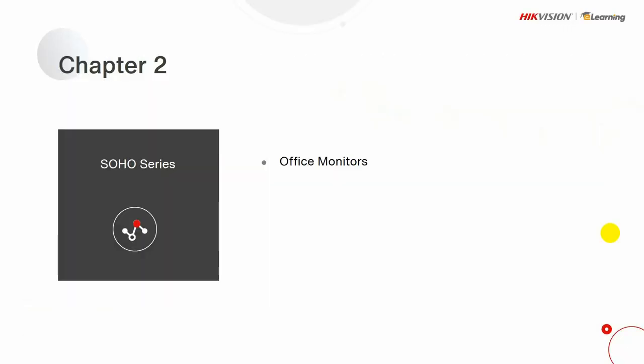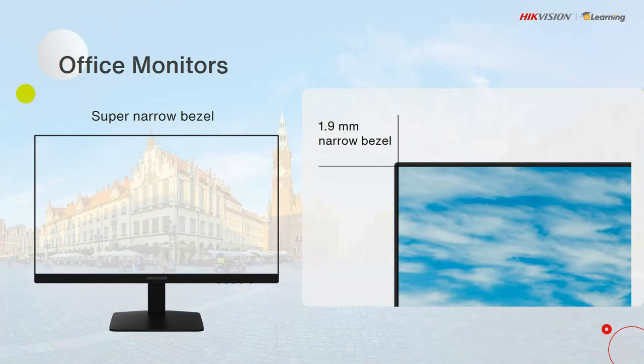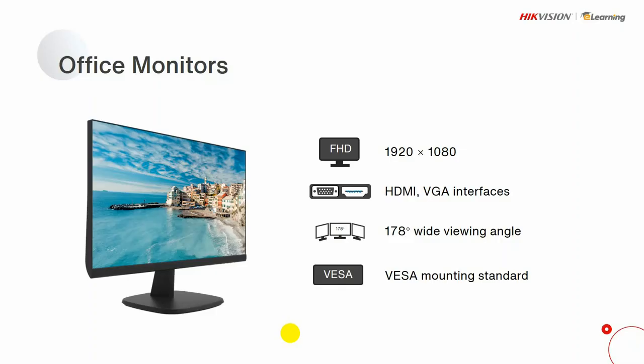And then let's have a look at the Soho series for office use. Our office monitors, the Soho series, have a super narrow bezel of only 1.9 millimeters. If you still remember the introduction of our product family, the office monitors have 1080p resolution, and they support HDMI and VGA.